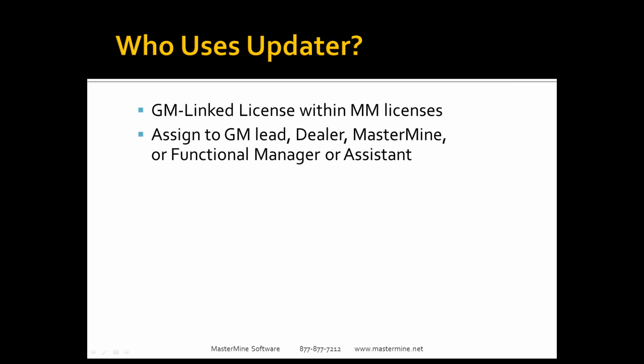The other, actually most common ways beyond those first three that I see MMUpdater get deployed is either a functional manager or an assistant. When I say functional manager, I'm talking about, let's say, the marketing manager might use GoldMine in a particular way.